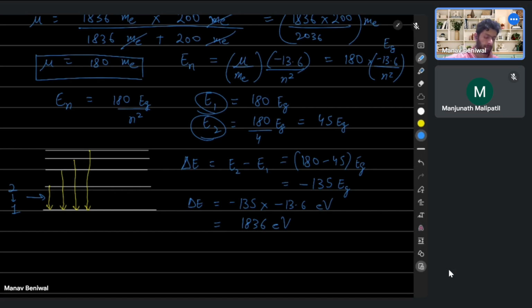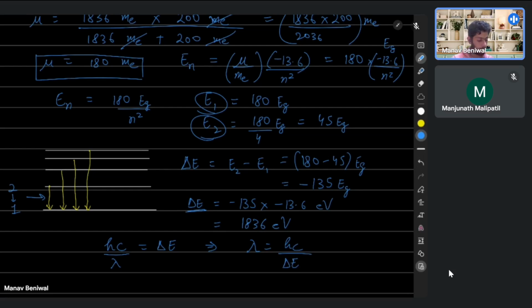Now we want to find the wavelength. This is the energy that the photon will have when the transition happens, so hc by lambda is delta E, or we can simply write lambda as hc over delta E.